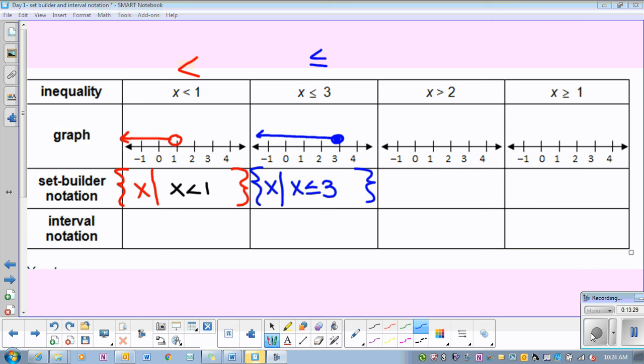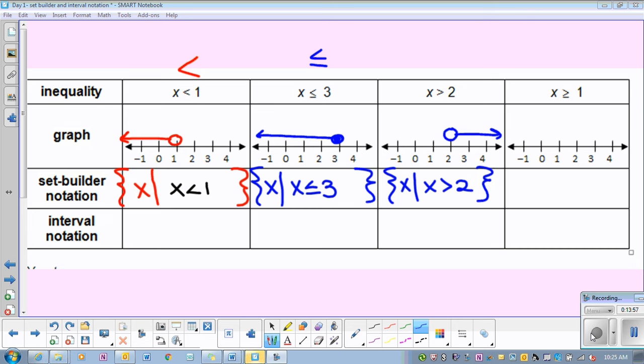All right, let's look at the next one. X is greater than 2. Open circle at 2. Greater, so we're going to the right. Set builder, curly braces, X bar, X is greater than 2. How are we doing? Are my answers good?